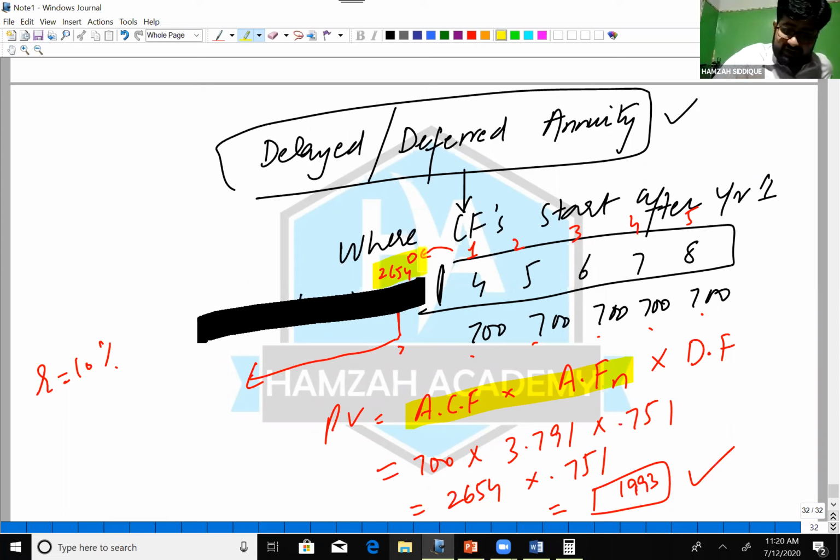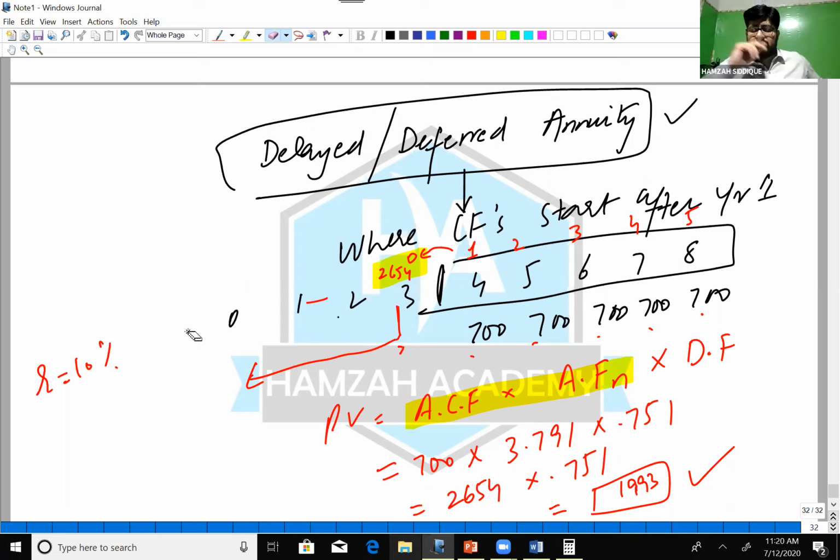But that is actually year 3. That is not year 0. We have to take that single amount of answer to year 0. So multiply with the discount factor. Because it was year 3, the 3-year discount factor is applied, and we got the answer.